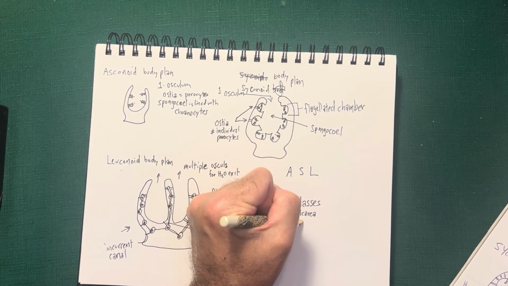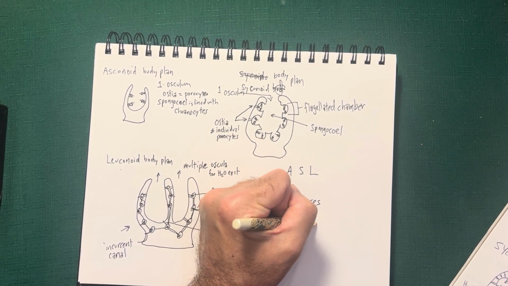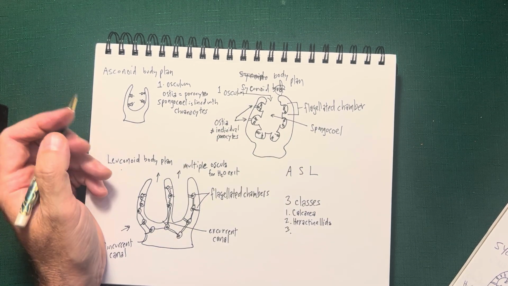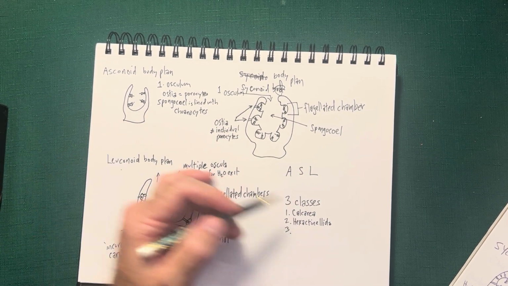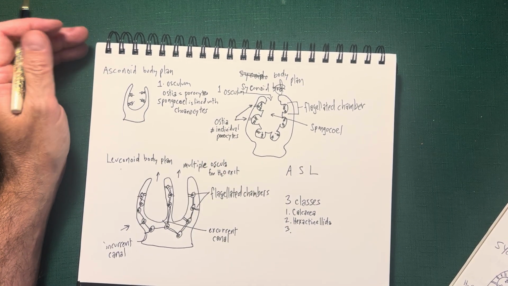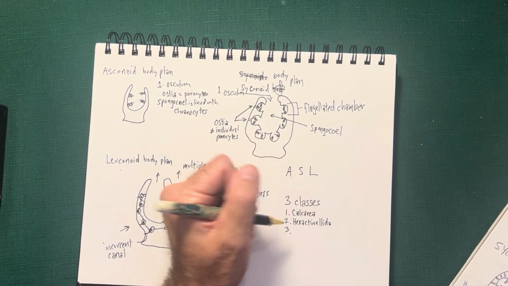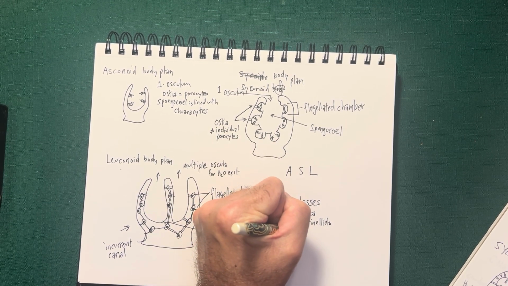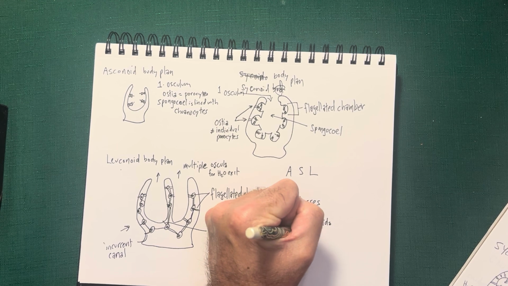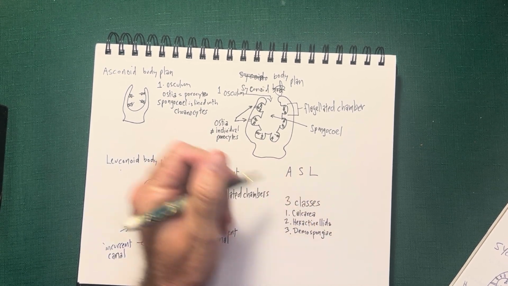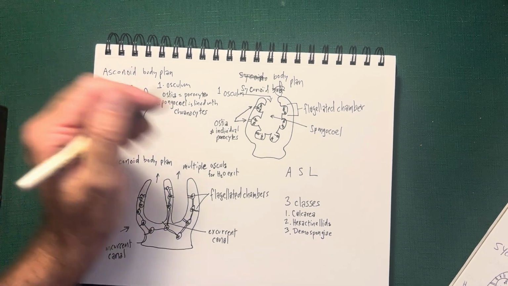We've got Hexactinellida, which have siliceous spicules that typically have six points, hence Hexactinellida, hex means six. And then our largest class of sponges is Demospongiae.